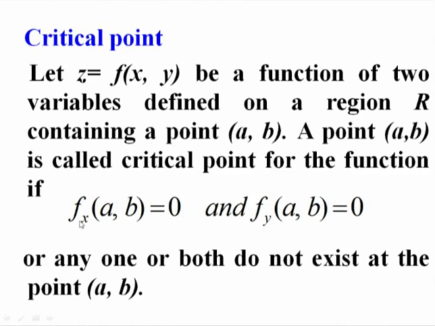That means del f by del x at a, b is equal to 0 and del f by del y at the point a, b is equal to 0. Or, if any one or both of the partial derivatives do not exist, then we can say that the point a, b is a critical point for the function f of x y.